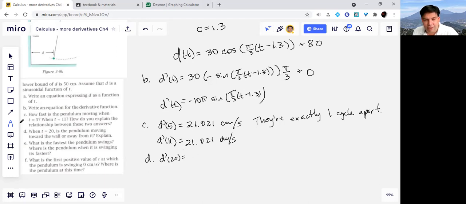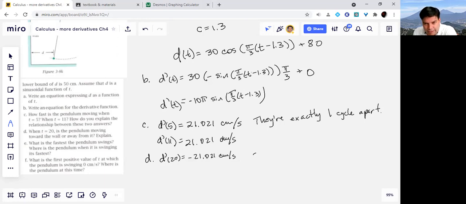And I get a value of negative 21.021 centimeters per second. Now, the fact that this is negative means that the rate of change of the distance from the wall is negative at that moment.